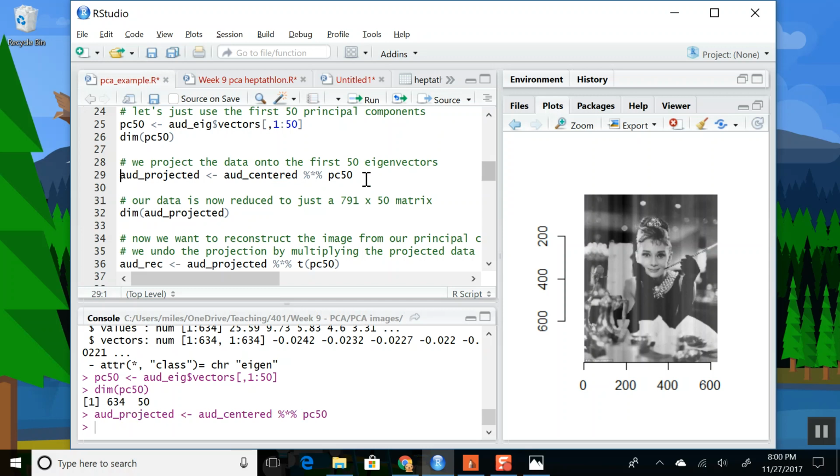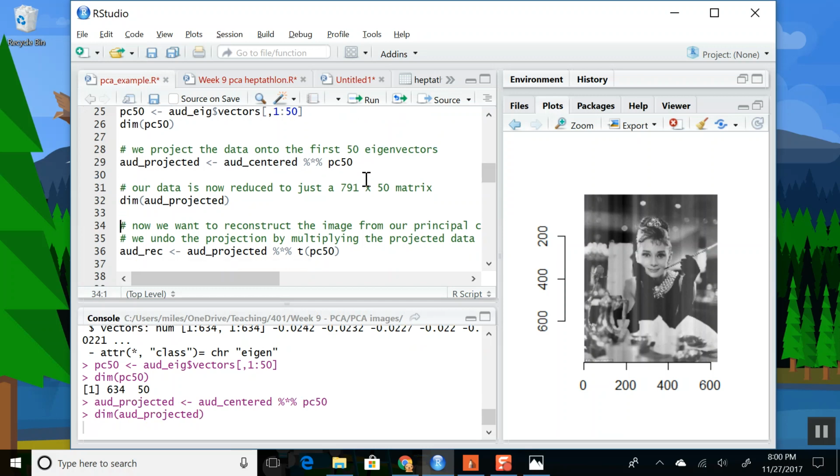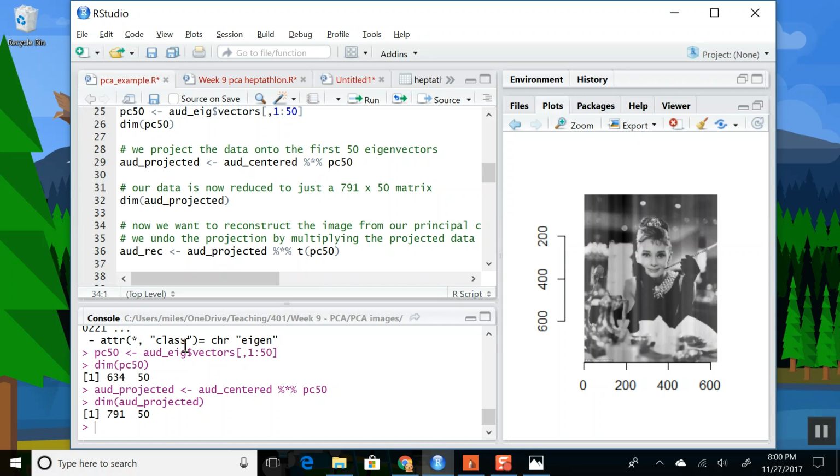Okay, so if we ask what the dimensions of our data are after we've projected it, it's now 791 by 50. Okay, so our original data had 791 rows of 634 columns. I've projected it down to 791 rows of basically 50 columns.